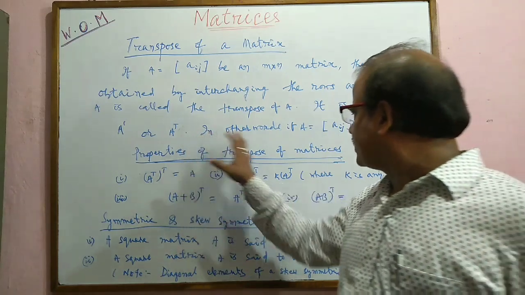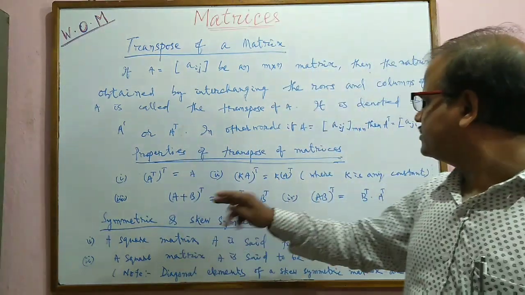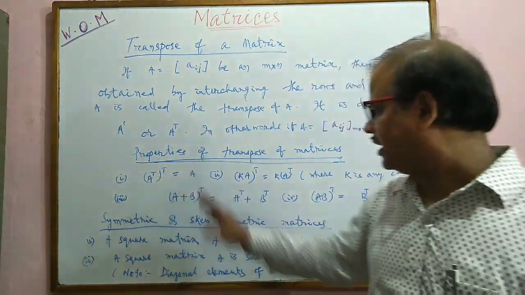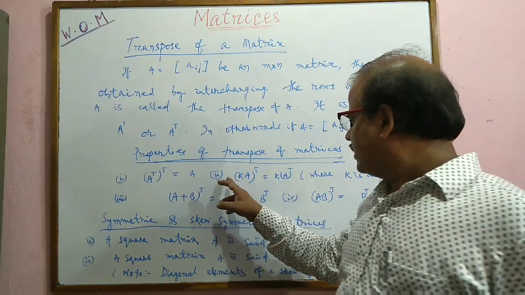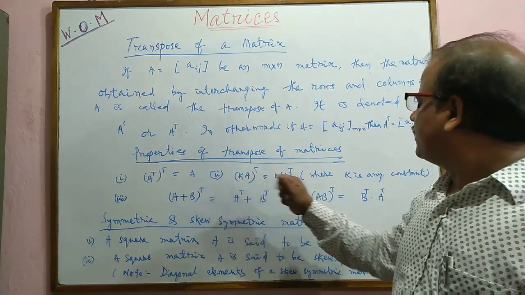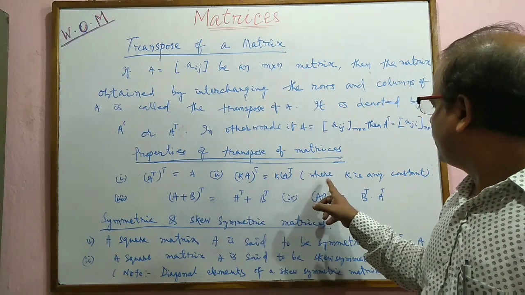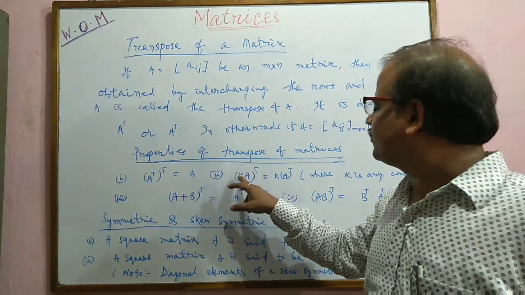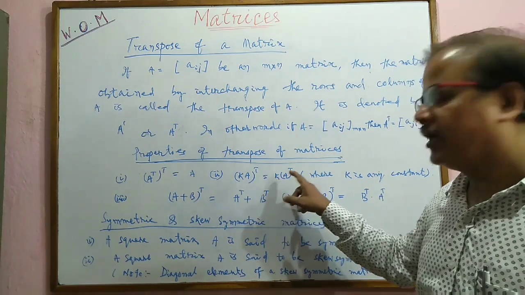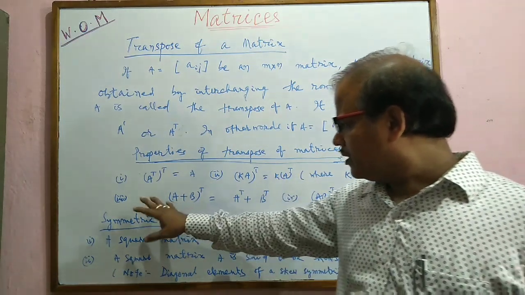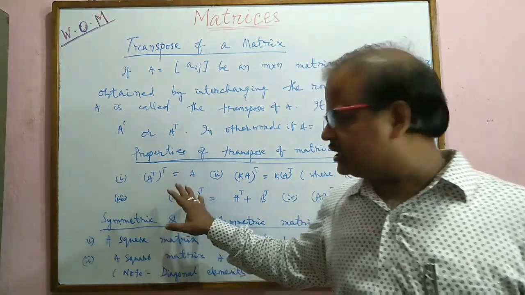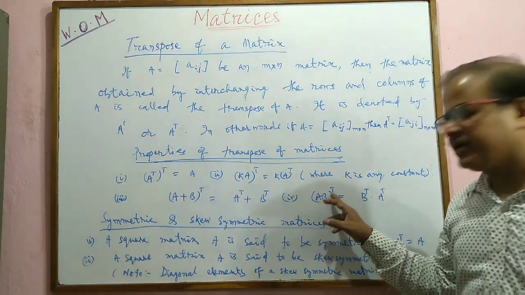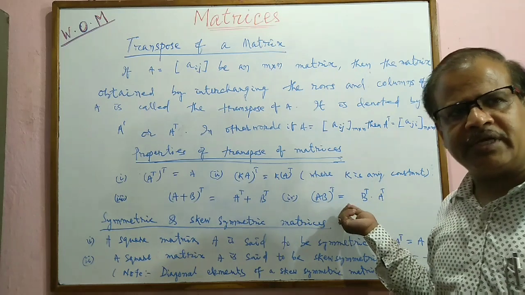Properties of transpose of matrices: transpose of A transpose is A. If k is any constant, transpose of kA is equal to k times A transpose. A plus B whole transpose is equal to A transpose plus B transpose, but AB transpose is equal to B transpose into A transpose.